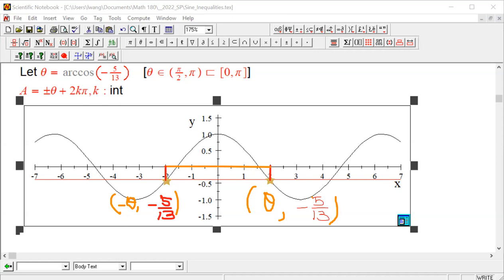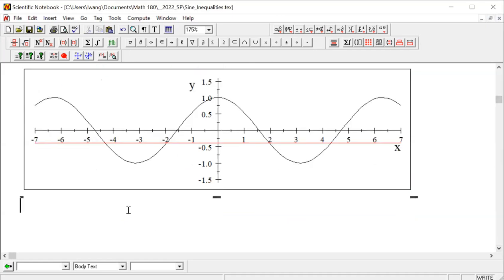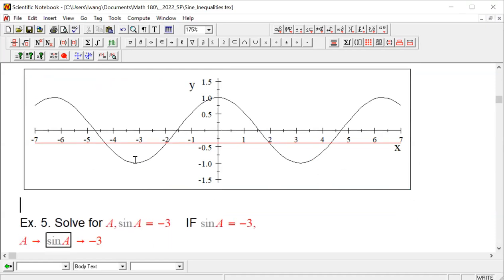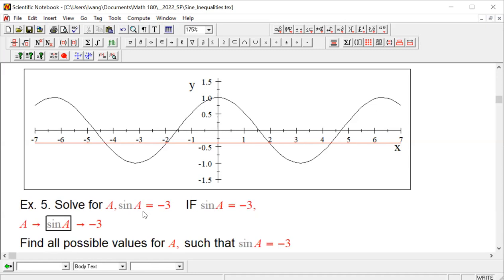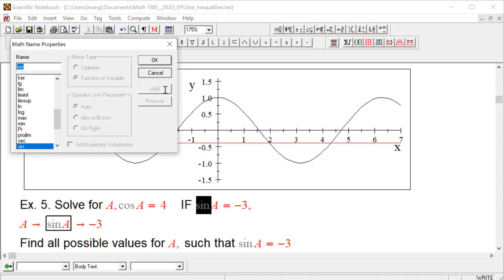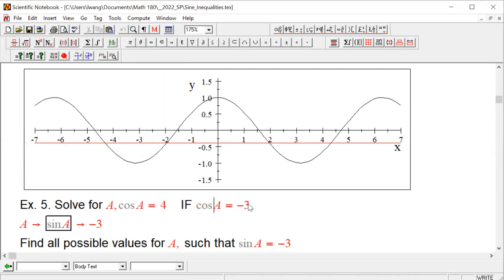So let's look at another example, and you probably anticipate it. The next example is, suppose I have cosine A equals 4. In other words, if the cosine of an angle equals 4, what is the solution?